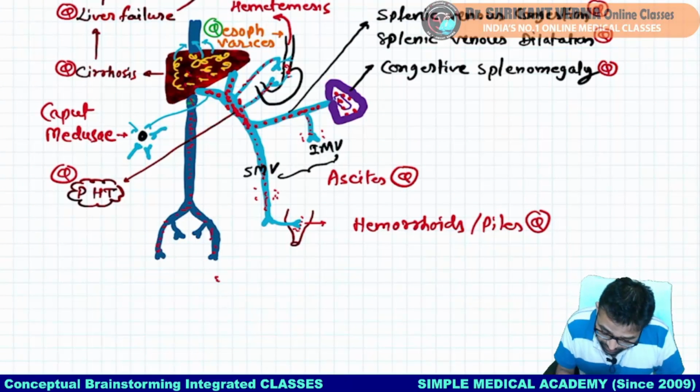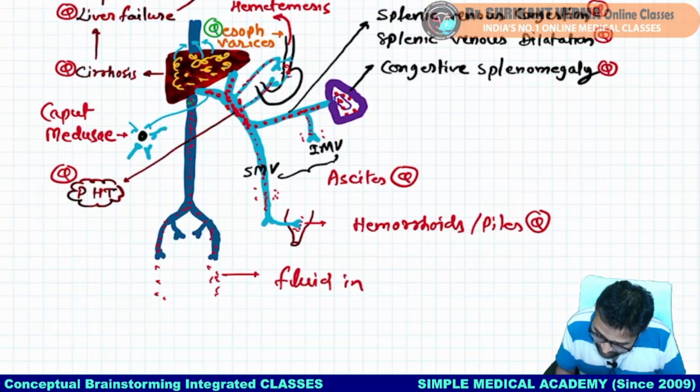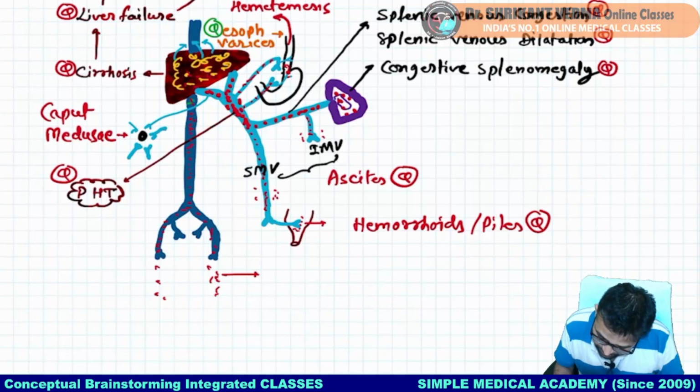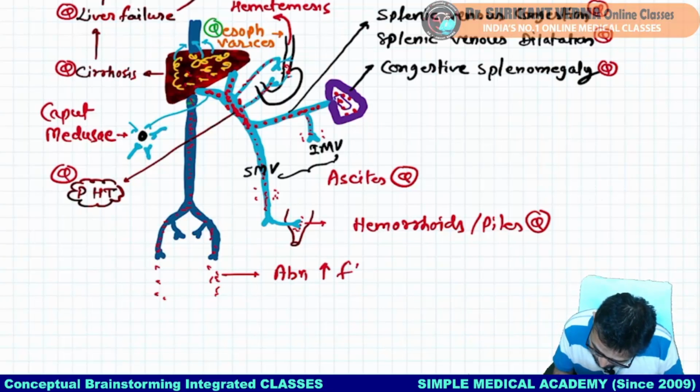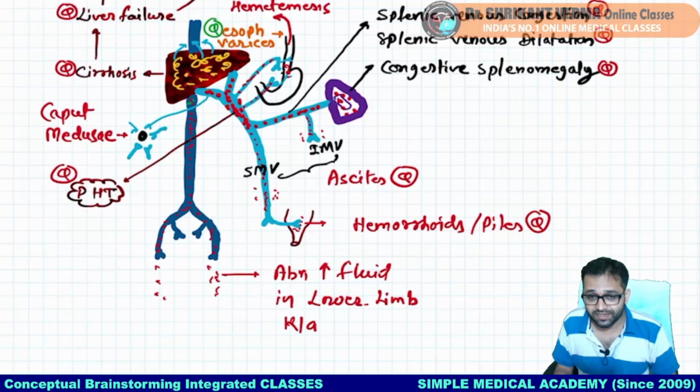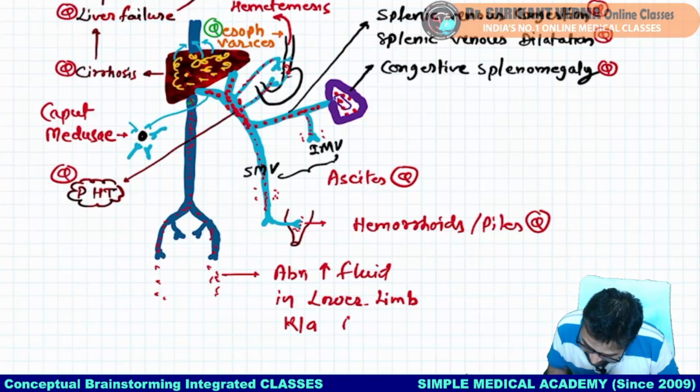So blood and fluid accumulate in the lower limb, resulting in abnormal excessive fluid there, known as ankle edema or lower limb edema.